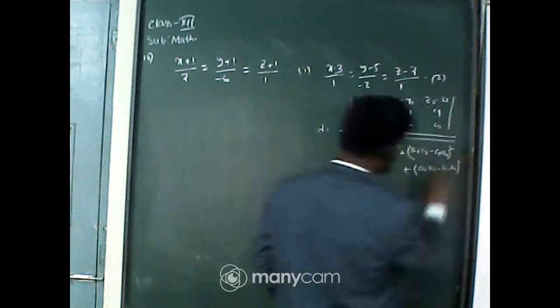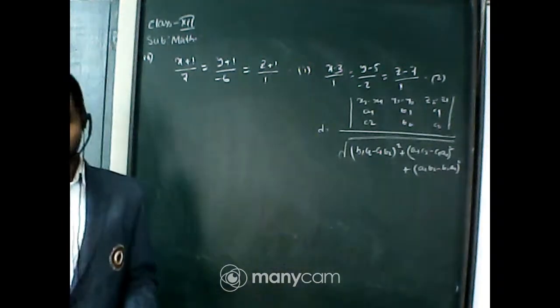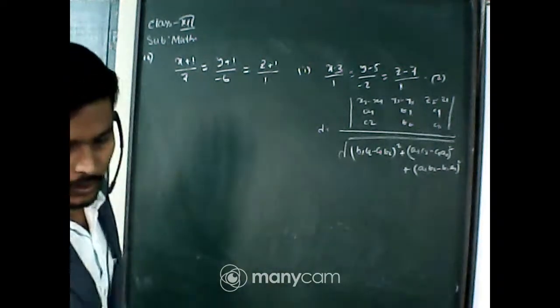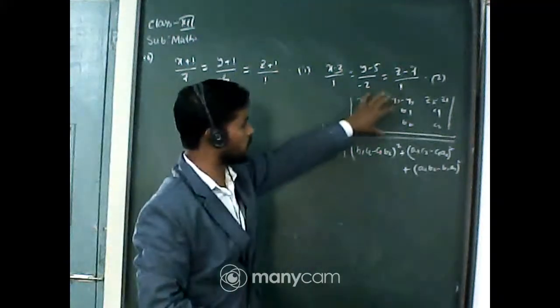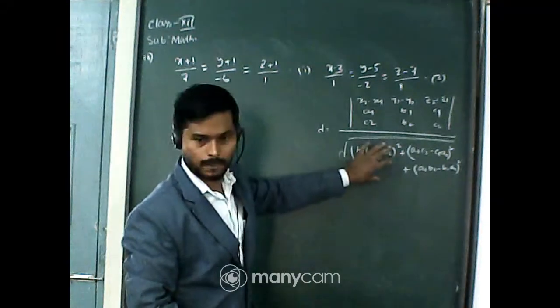This is the formula for finding the shortest distance between any two lines. So first we have to calculate this determinant and this value.